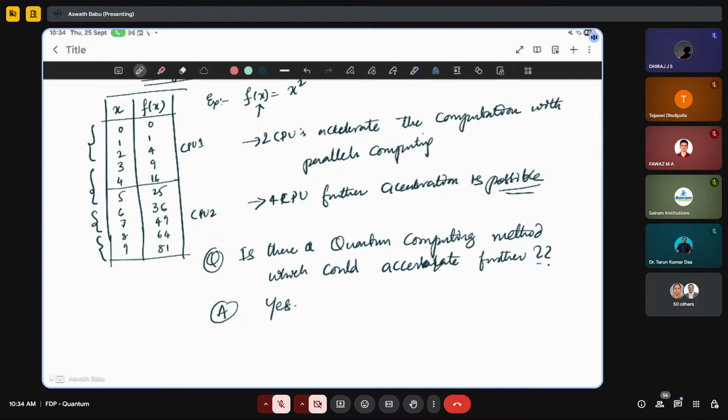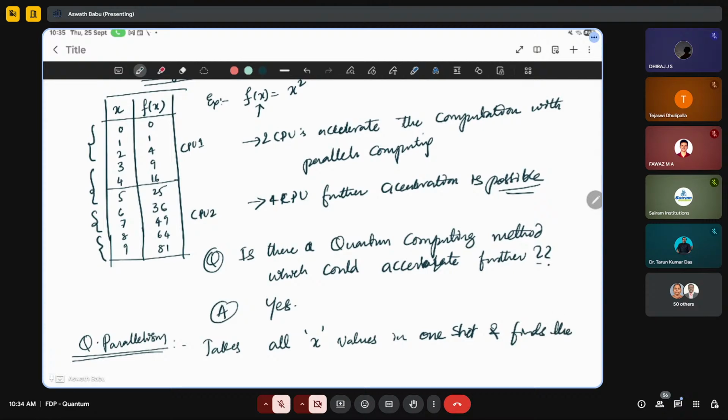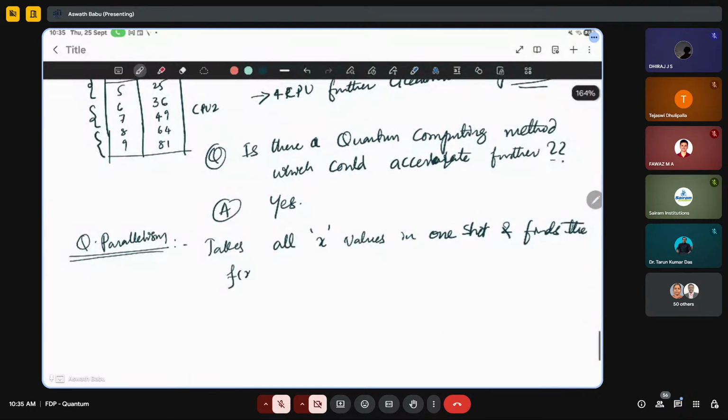What is this quantum parallelism? It takes all the x values in one shot and finds the f of x in one shot.